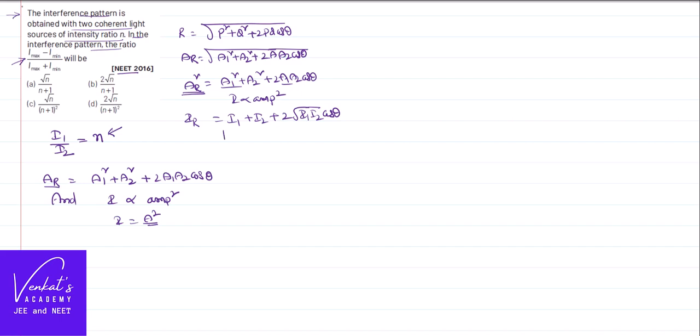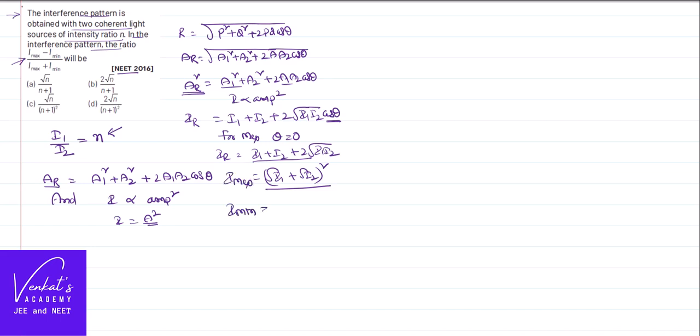So for maximum, theta becomes 0, because cos 0 equals 1. Then I resultant becomes I1 plus I2 plus 2 root I1 I2, that is root I1 plus root I2 whole square. You just square this and you will get back this, that is I maximum.